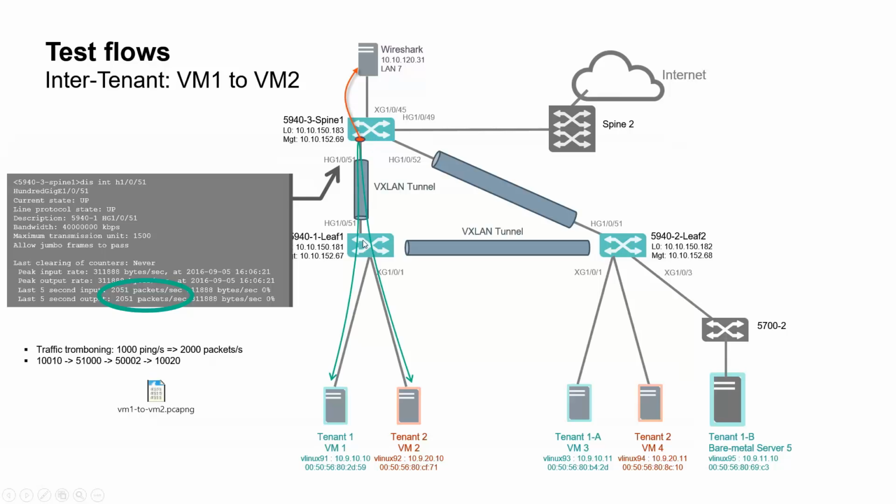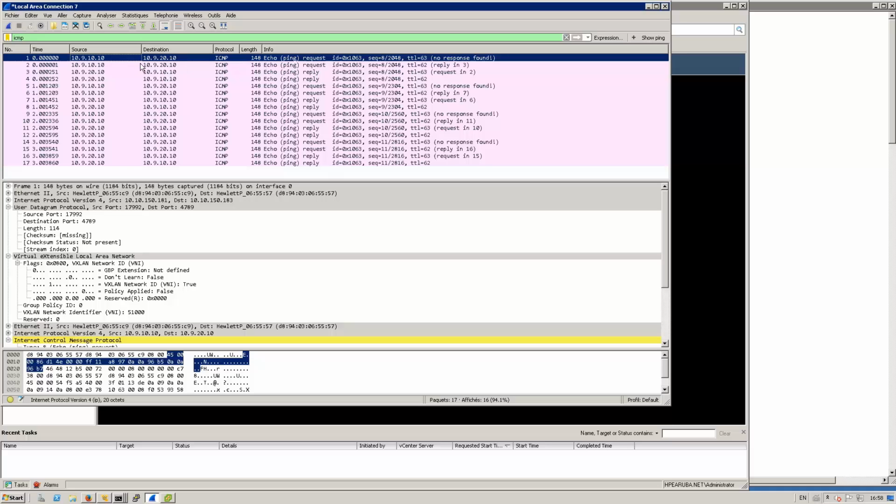That's why we've got some hairpinning traffic, and therefore you will see, for instance, twice the packet count on the interface here. So let's get back to Wireshark to analyze the packet. You will see that from leaf 1 to the border spine, you have the VNI ID 51000.